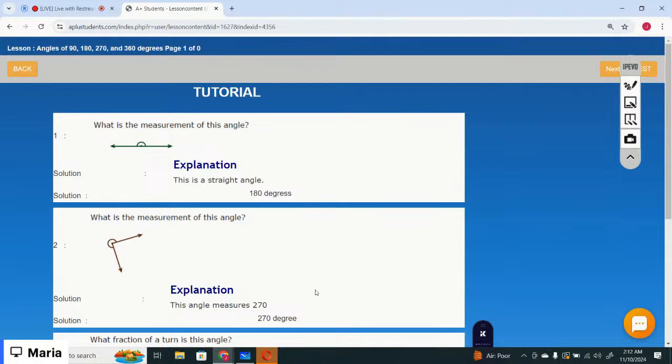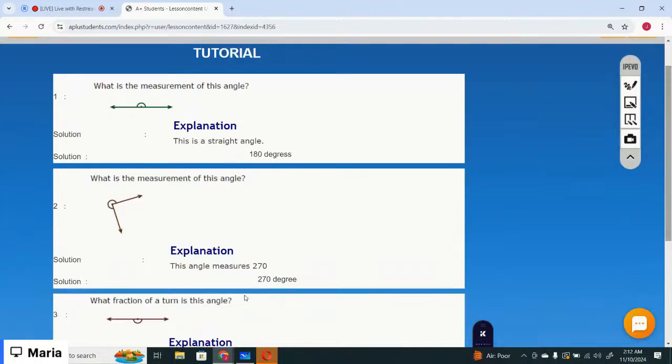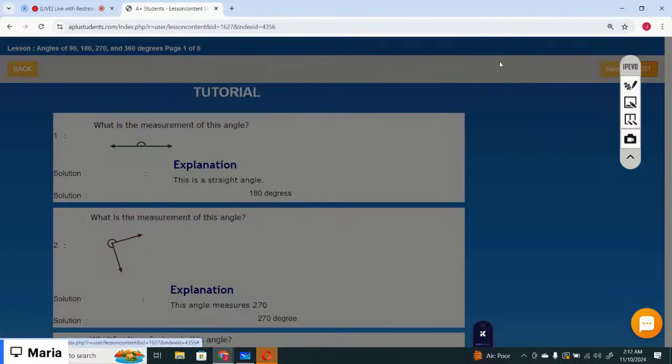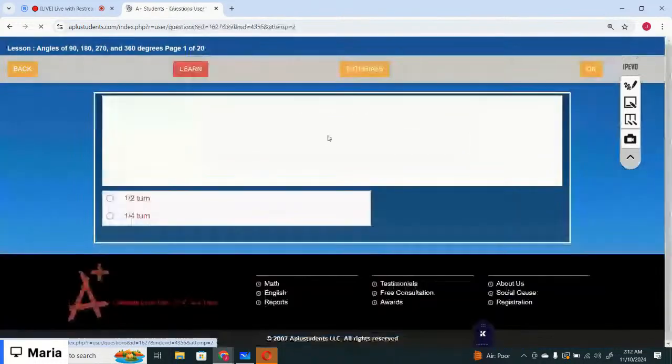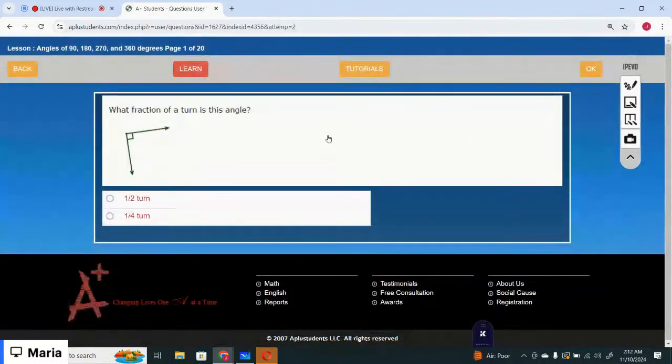What is the measurement of this angle? You can see here this angle represents 270 degrees, right? Let's just start with the test questions. What fraction of a turn is this angle? Which is the correct option?